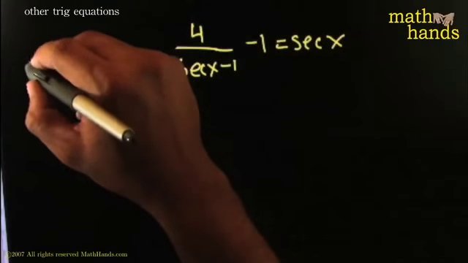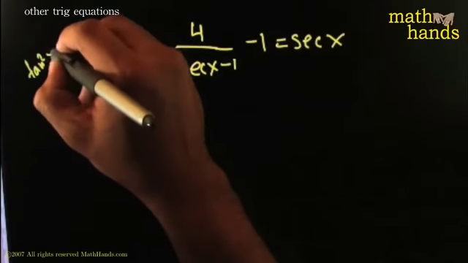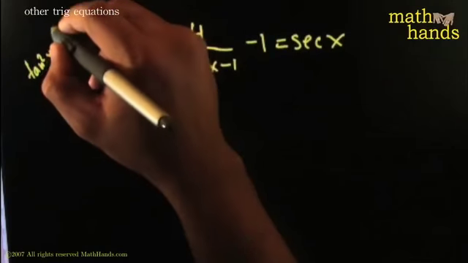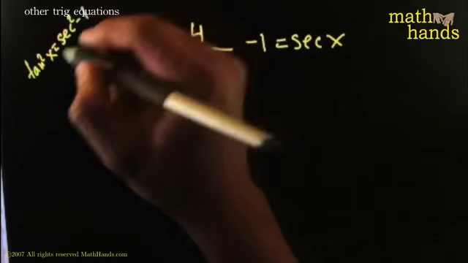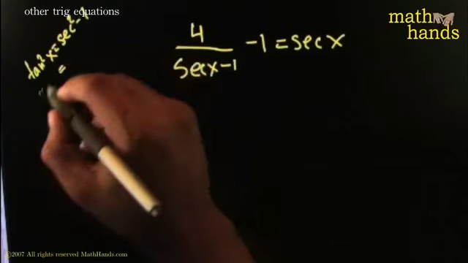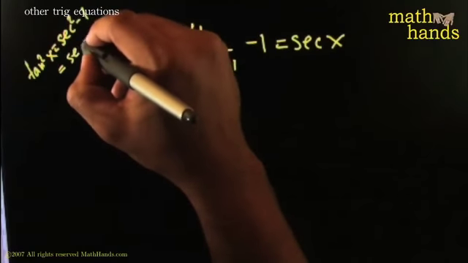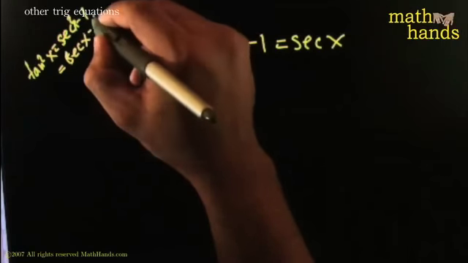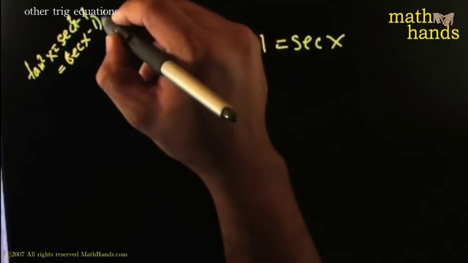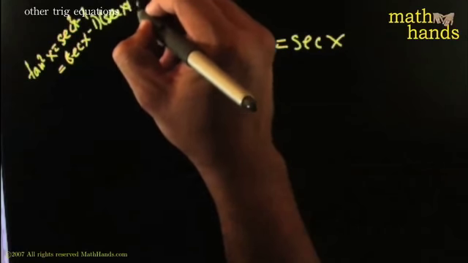We know that tangent squared x is equal to secant squared minus 1. So you know that you could take a tangent squared. It's the same thing as secant x, I forgot the x there, minus 1 times secant x plus 1.